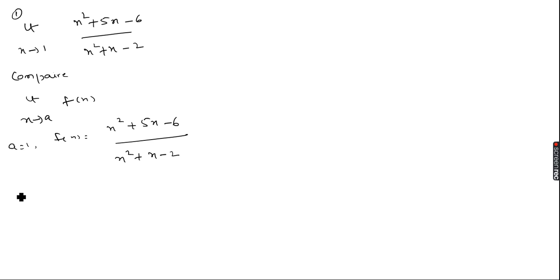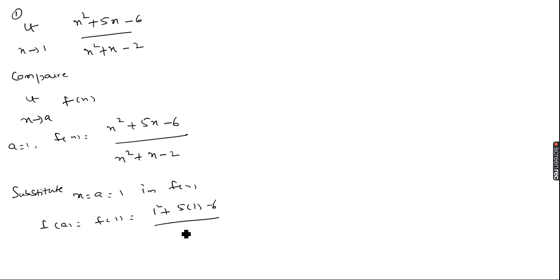So therefore we substitute x equal to a, that is nothing but 1, in f of x. So that is f of 1. So what we get is (1 square plus 5 into 1 minus 6) by (1 square plus 1 minus 2).